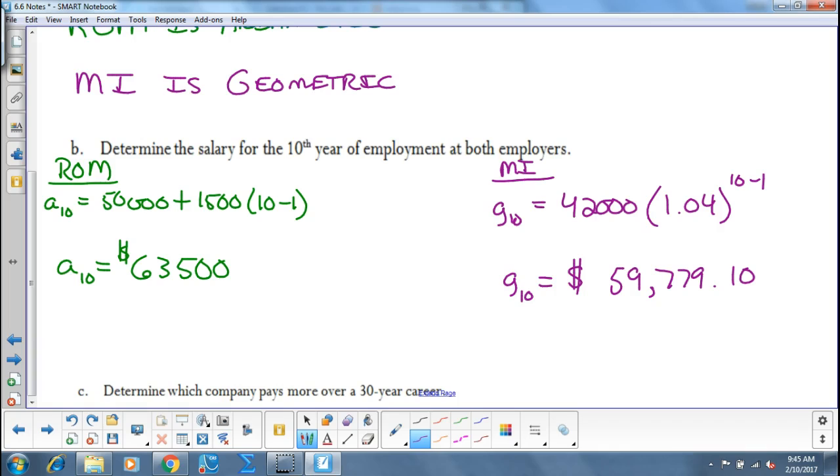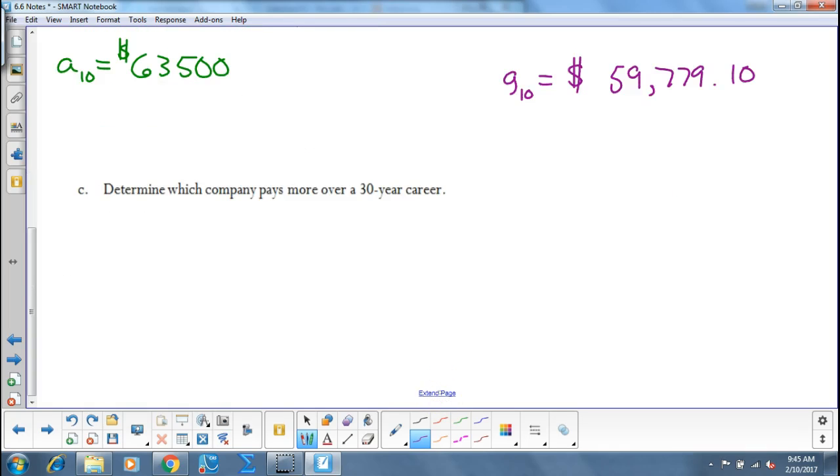Okay? Then it says, determine which company pays more over a 30-year career. Well, Range of Motion had an initial value of 50,000, correct? Okay.